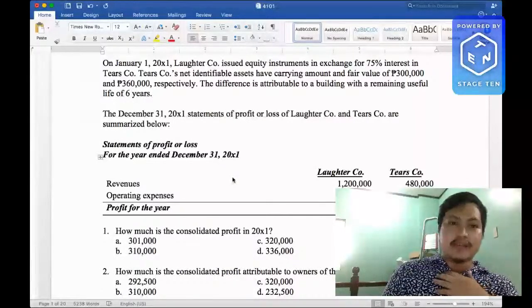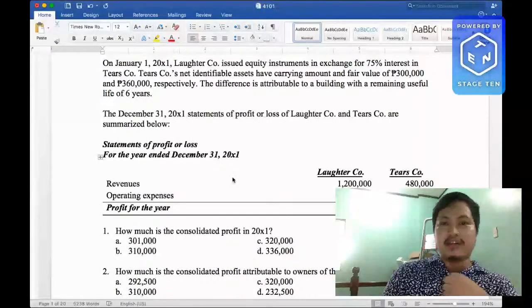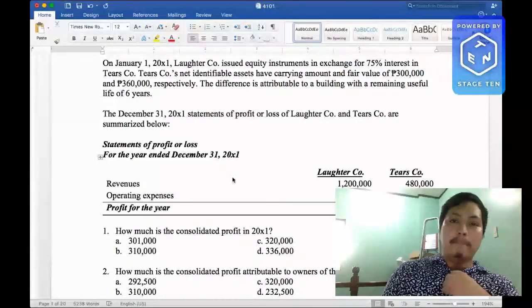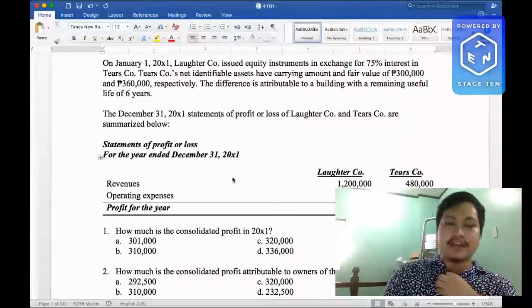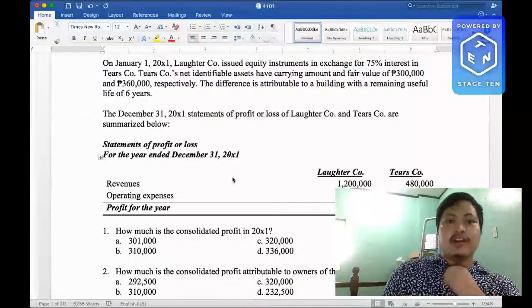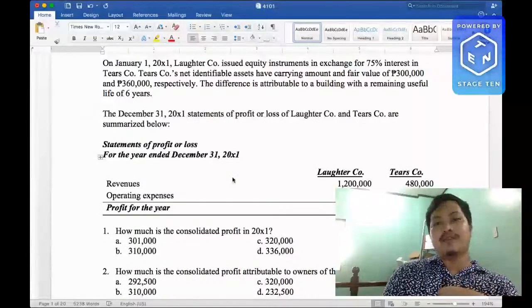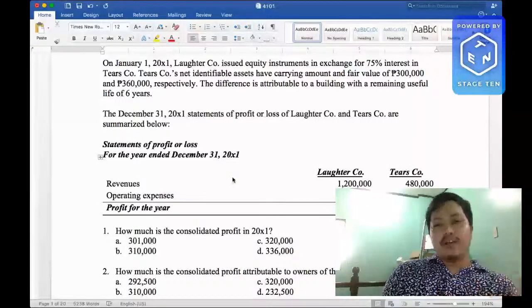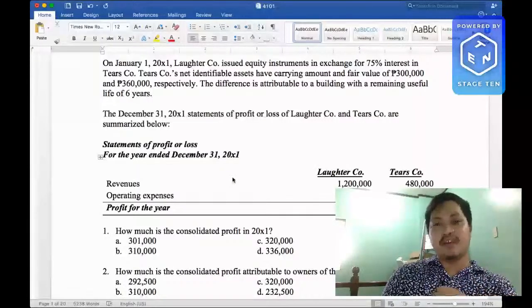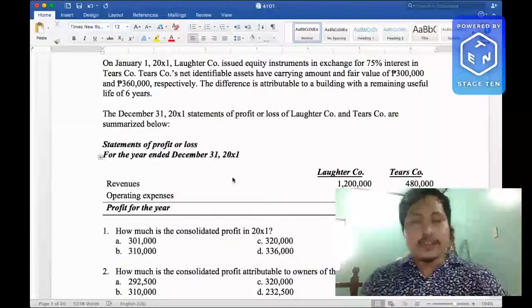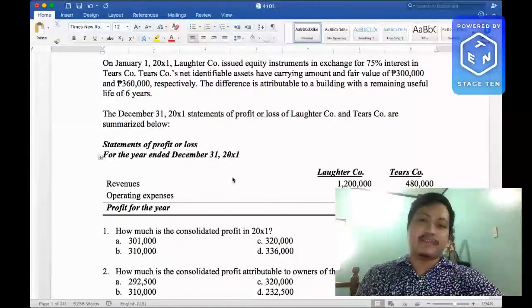Again, if we ask the subsidiary how much is the related depreciation in this building, it would be 50,000. But if we ask the consolidated entity how much should be the depreciation expense of this building, it would be 360,000 divided by 6 years, or in the amount of 60,000 per year. In the eyes of the subsidiary, 50,000. In the eyes of the consolidated entity, 60,000. There's a difference of 10,000.